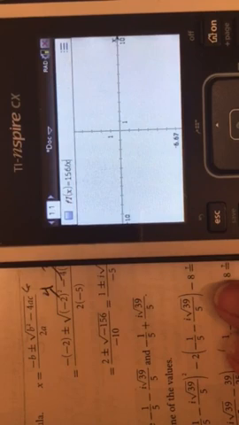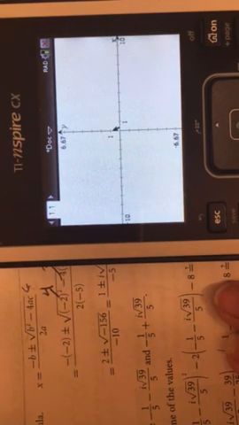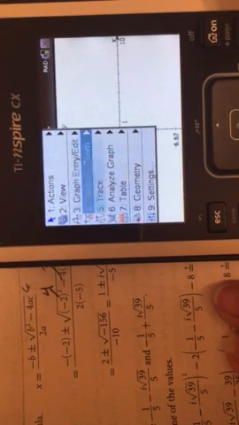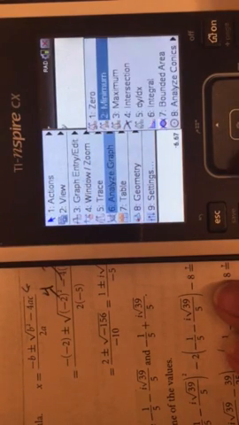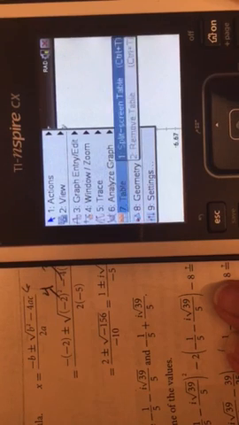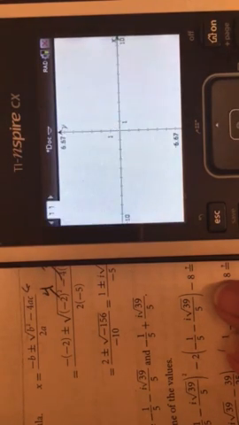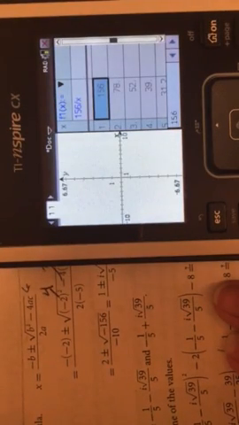I'm going to hit enter. I'm not really going to care what it looks like right now. But what I'm going to do is I'm going to go to menu. I'm going to go down to table. I'm going to split the screen with my table.